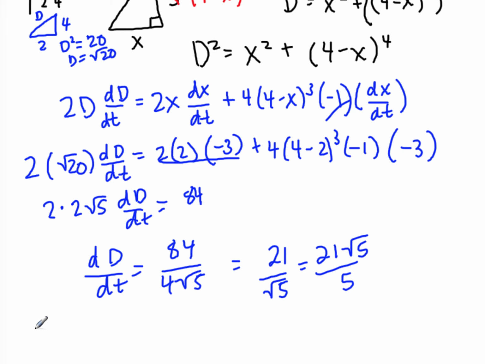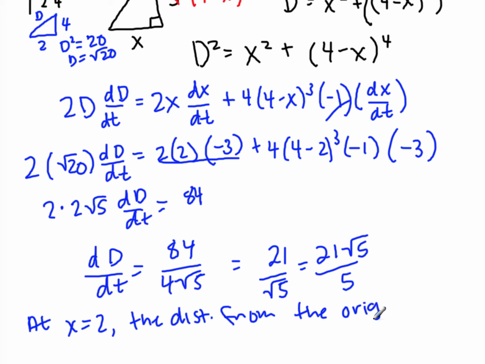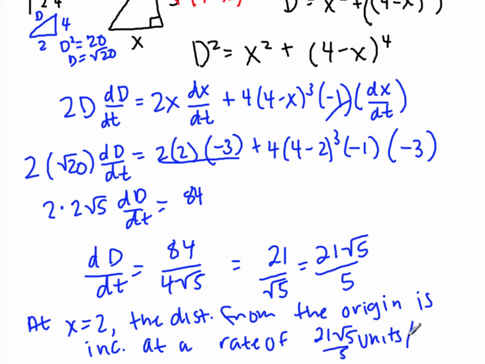So we would have to say at x equal to 2, the distance from the origin is increasing at a rate of 21 root 5 over 5 units per second.